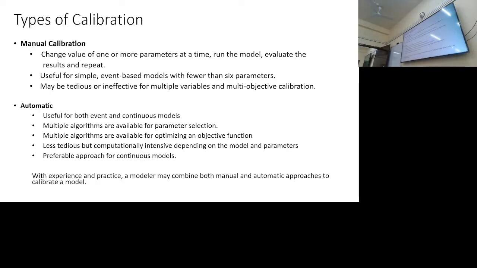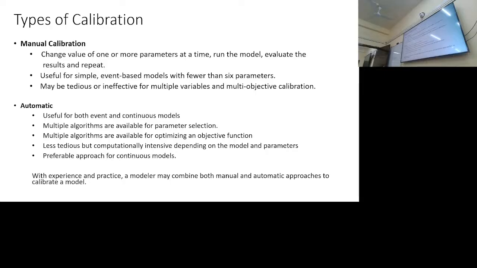In manual calibration, we have to change the parameters manually every time and check the result. So I change that curve number value, then I run the model, then again I see whether it is getting closer or not. And in automatic calibration, there are some algorithms involved, and we can choose the parameters.